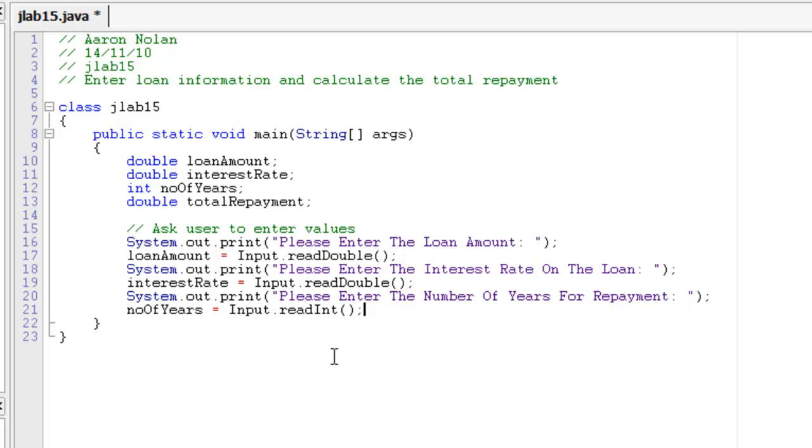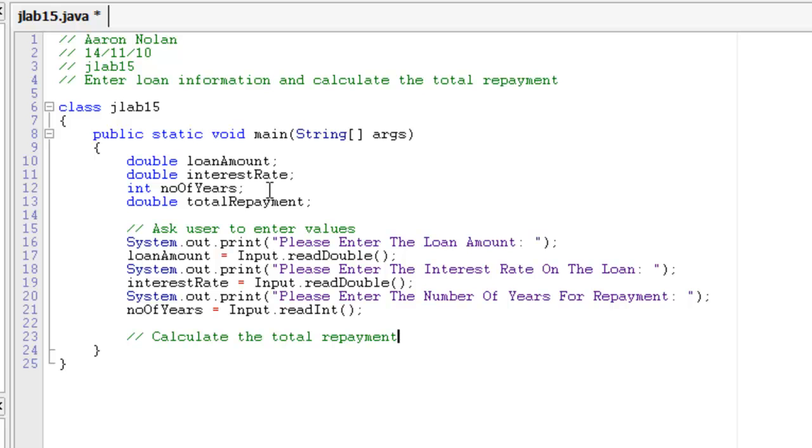So next we're actually going to have to do the calculation. First we'll calculate the total repayment.